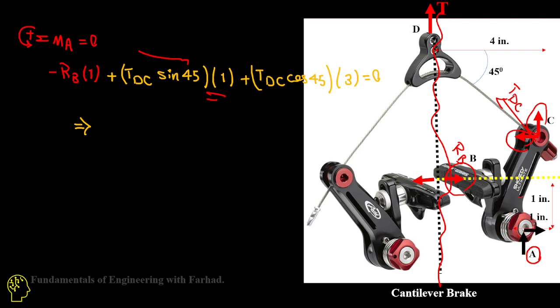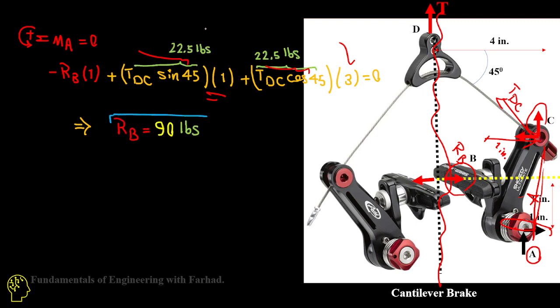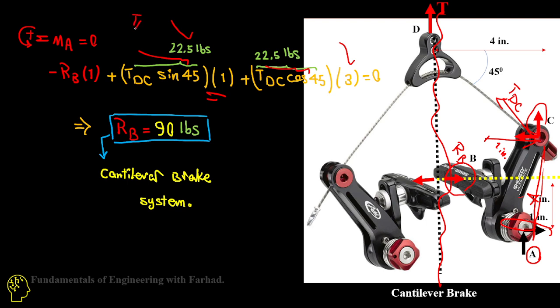This distance here is 1 inch. The other component, cosine of theta, has a distance of 4 inches. The total is 4 inches minus 1, which is 3 inches. We already know from the last part that this is half of the total force, which makes it 22.5 pounds.